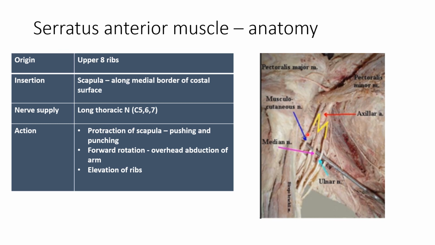These are possible with an intact serratus anterior. The other action is forward rotation of the scapula for overhead abduction of the arm, so that the glenoid faces laterally and upwards. Then the other action is elevation of the ribs, so it's an external respiratory muscle.